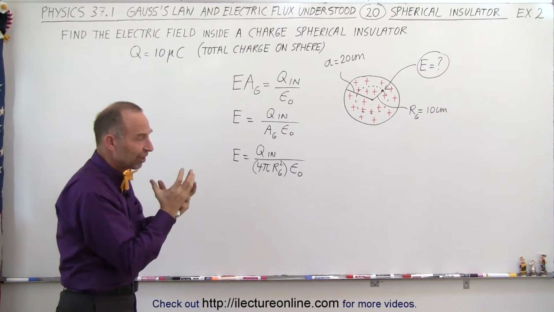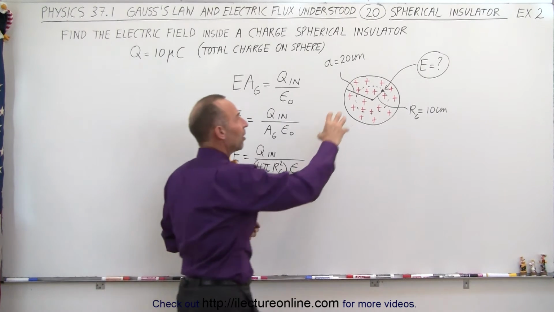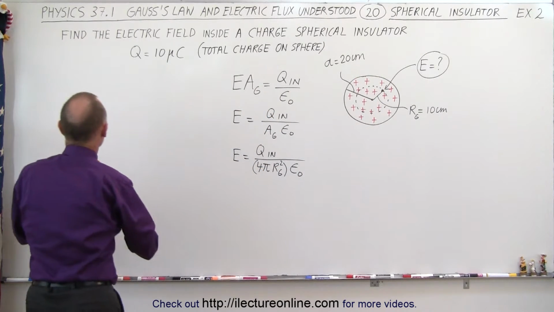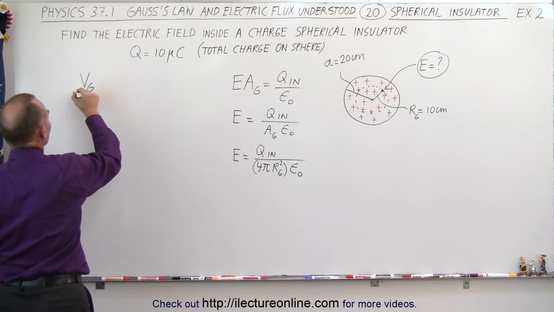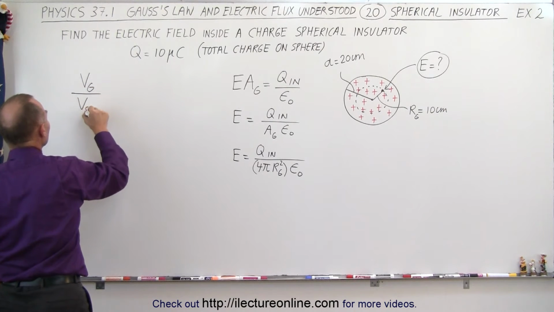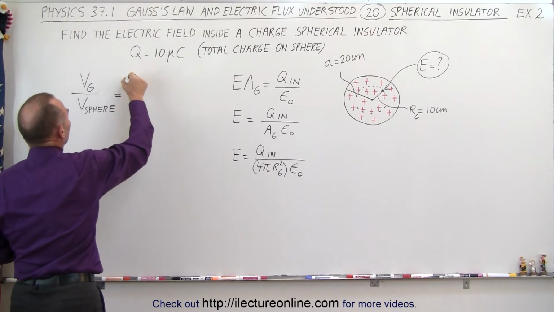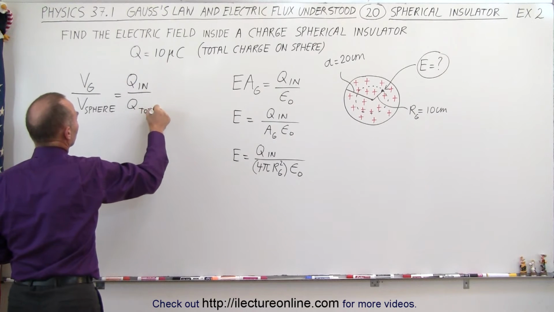So the amount of charge inside the Gaussian surface will be proportional to the total charge, as the volume of this will be proportional to the total volume. In other words, the volume of the Gaussian surface divided by the volume of the sphere must be the same as the charge inside the Gaussian surface divided by the total charge.